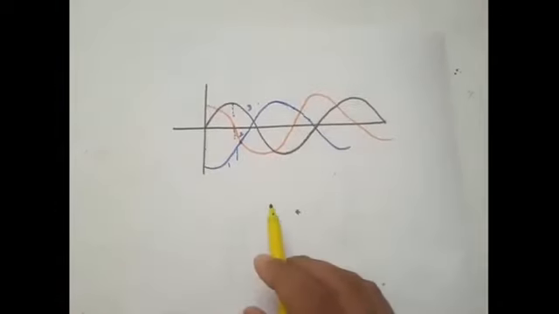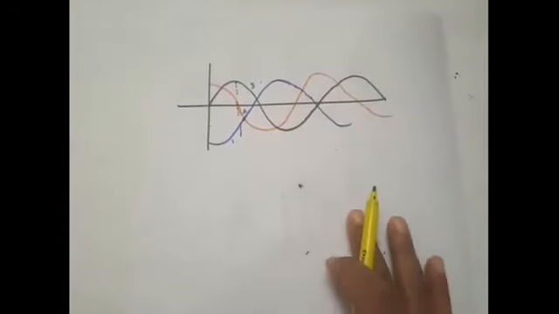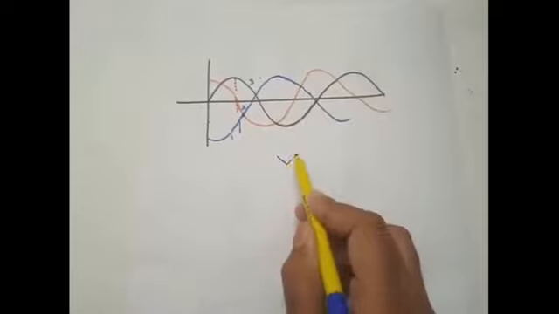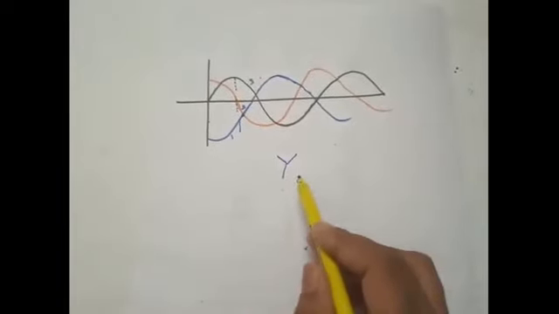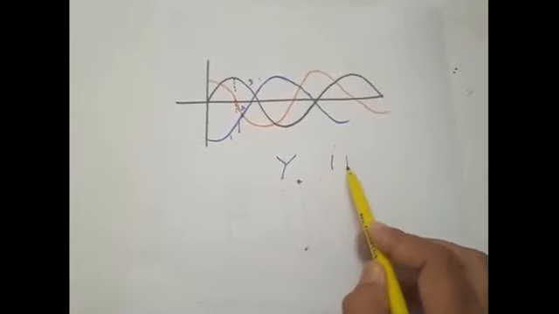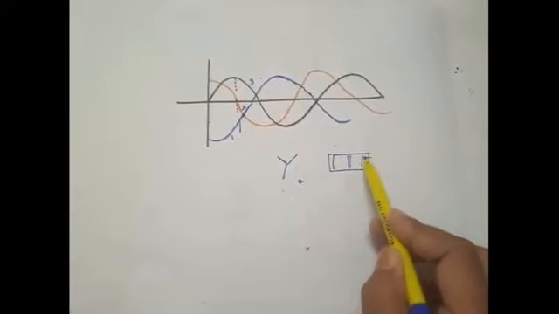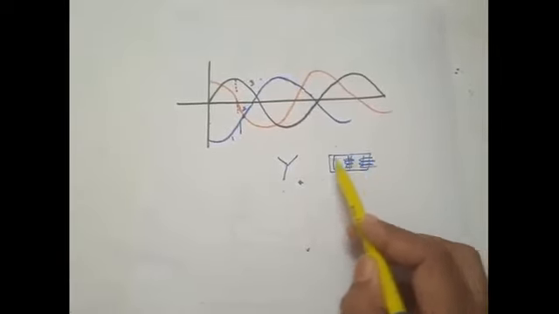And why do we use 3-phase transformers? Because instead of using many transformers at a place to get more power supply, we use a single 3-phase transformer that can be made in 2 ways: either by connecting 3 single phase transformers with each other, or by connecting them in this way by making the windings here.